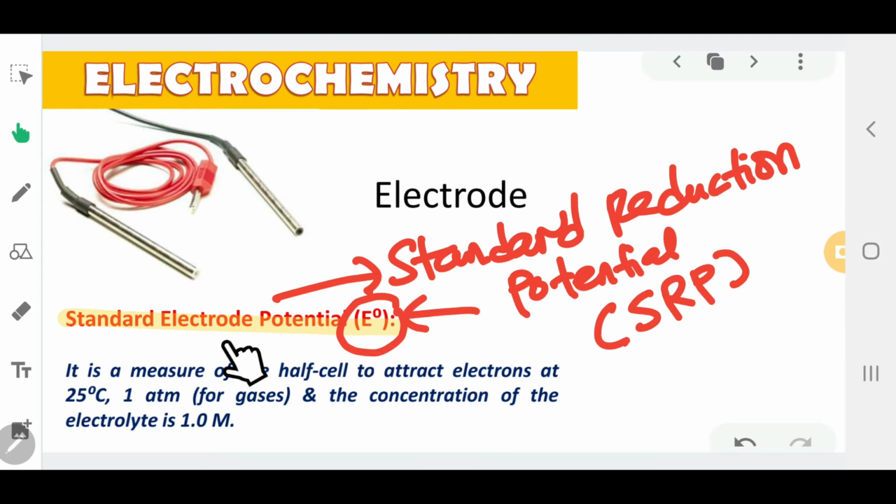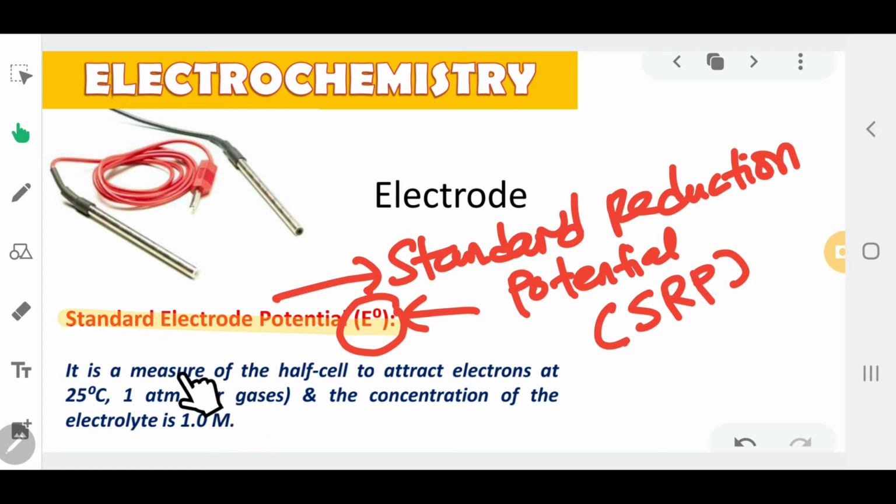The standard electrode potential or standard reduction potential is defined as a measure of the half cell's ability to attract electrons at the temperature of 25 degrees Celsius and 1 atmospheric pressure for gases, and the concentration of the electrolyte should be 1.0 molar.